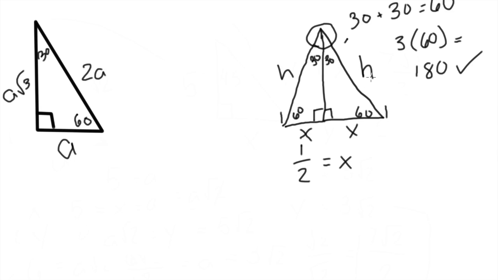Now, something else that we know is that angle measurements correspond to the length of sides in a triangle. So if you look here, we have angle 60, and across from it is hypotenuse h. Here we also have angle 60, and across from it is also hypotenuse h. So we know that these two sides are equal, and they're across from equal angles.